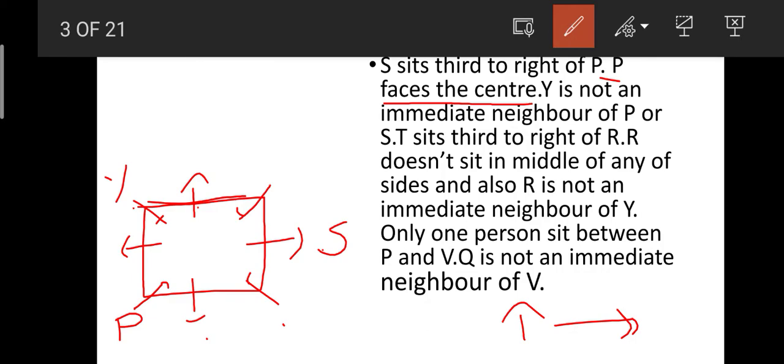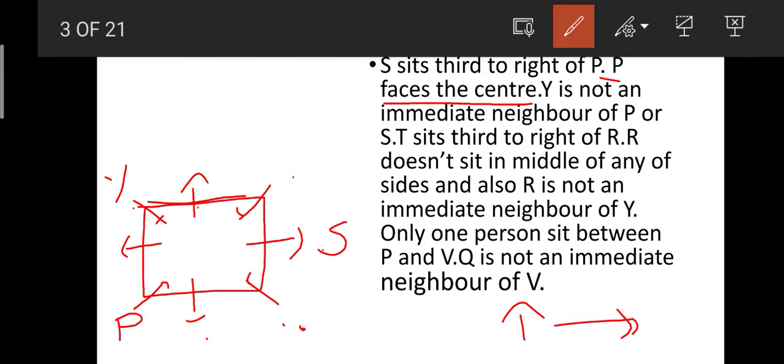And then T sits third to the right of R. We will be going through the continuation. R does not sit in the middle of any of the sides, and also R is not an immediate neighbor of Y. R will not be sitting in the middle of the sides, so R should be sitting only at the corners.